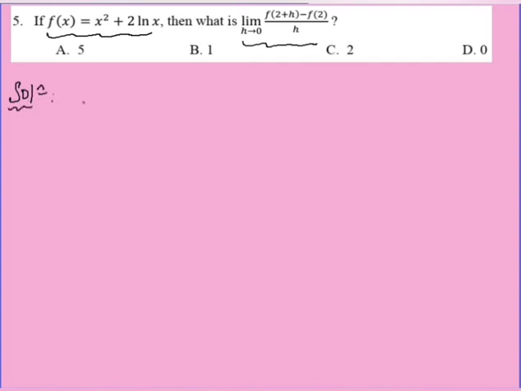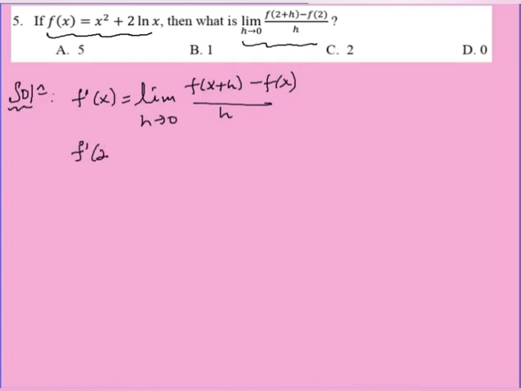We need to know f derivative at x is defined as the limit of f of x plus h minus f of x over h as h approaches 0, or f derivative at 2 is defined as the limit of f of 2 plus h minus f of 2 over h as h approaches 0. So knowing this helps us to find the limit of this function as h approaches 0.